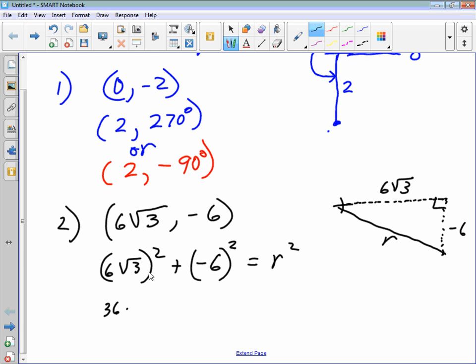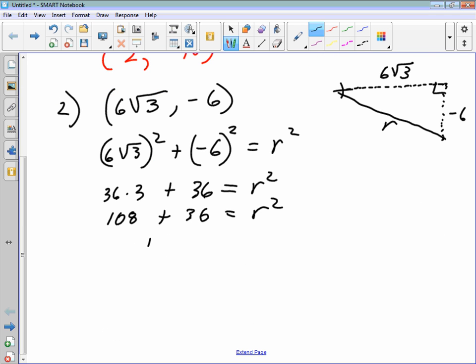No calculator needed there. 3 plus -6 times -6 is 36 equals r squared. 36 times 3 is 108 plus 36 equals r squared. 144 equals r squared. So r equals plus and minus 12. In this case, it's positive because it's a distance.